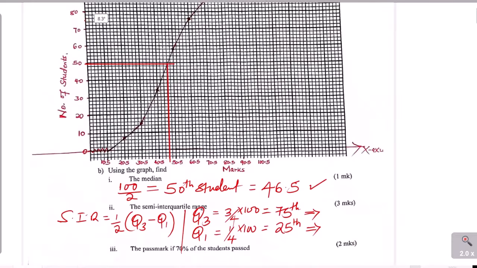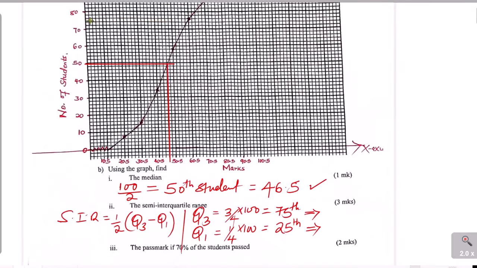So 75 is there. That way. So that is 75.